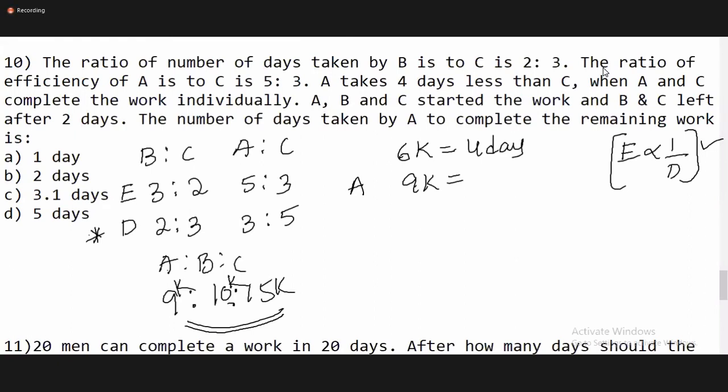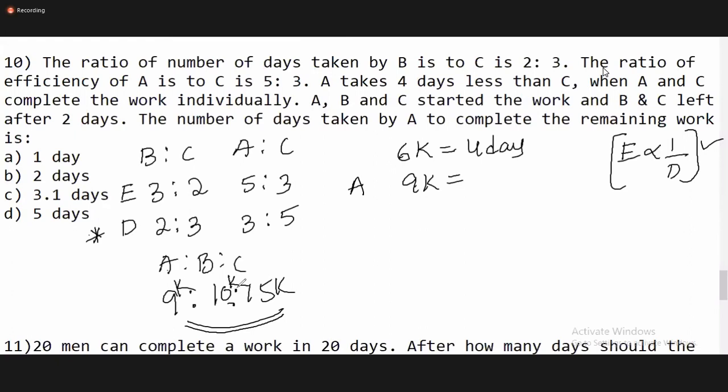Okay, it's wrong. Why is it wrong? Could anybody tell me why the ratio is wrong? Is it 10 is to 9 is to 6? Are you sure? No, I think it's right.